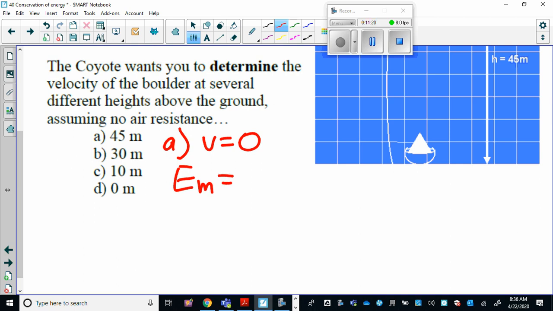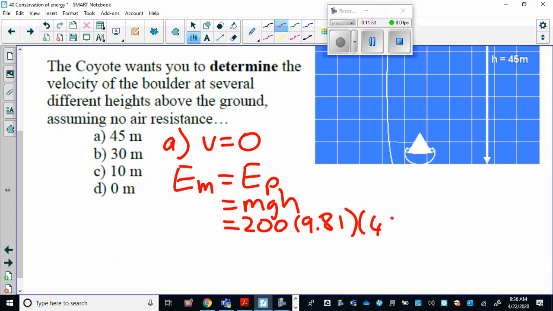And the mechanical energy, in this case, since it's not moving, it has no kinetic energy, is very simply the potential energy, mgh, and that gives us a value of 88,290.